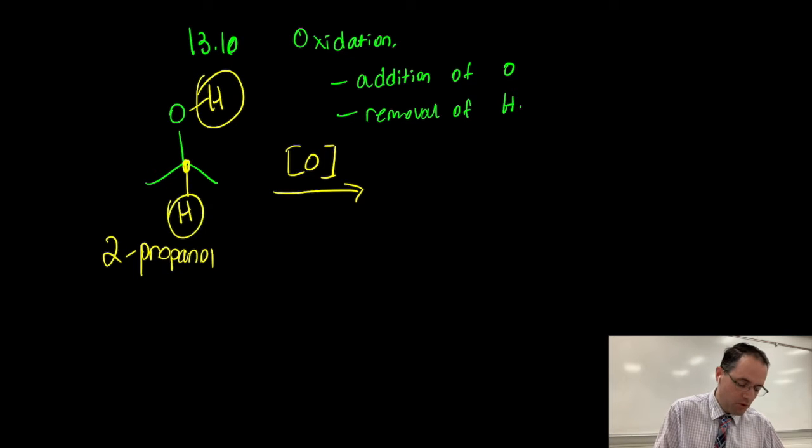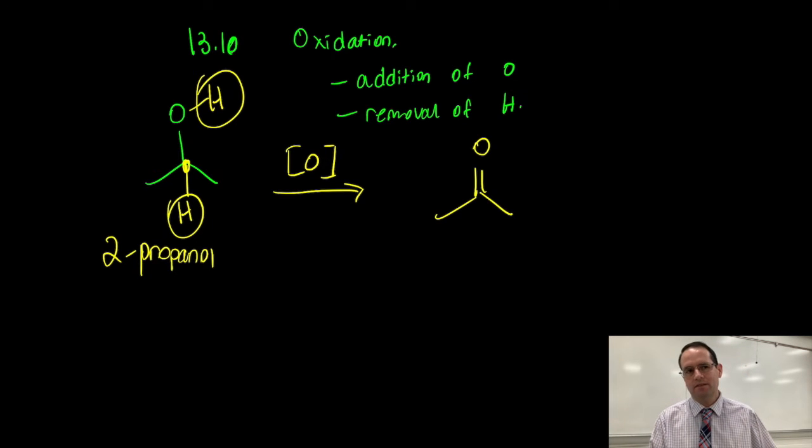And if we remove these two hydrogens from the molecule, we form a ketone in this case, and that's going to be acetone. So that's a very typical type of thing. That's going to be an oxidation reaction.